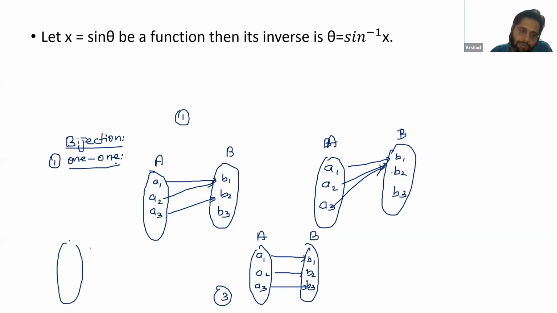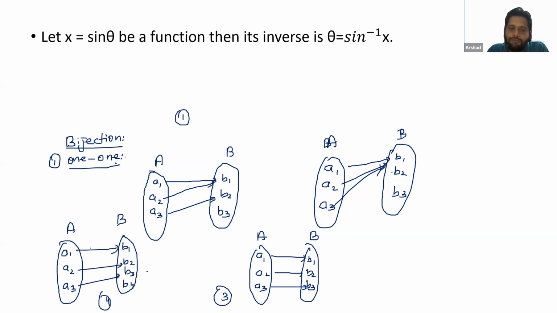Please tell me if this is also one-one or not. Here we have A, here we have B, and this is the fourth one. So we have A1, A2, A3, B1, B2, B3, B4. A1 is linked with B1, A2 with B2, A3 with B3. Please tell me if this fourth one is one-one or not.